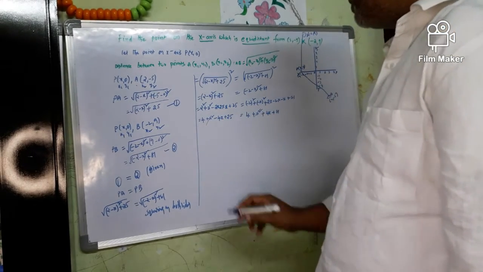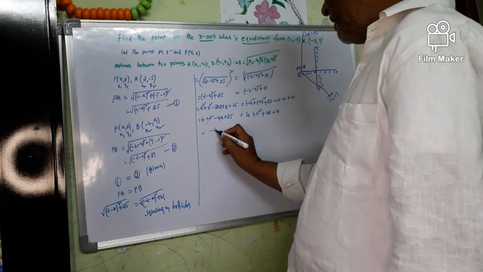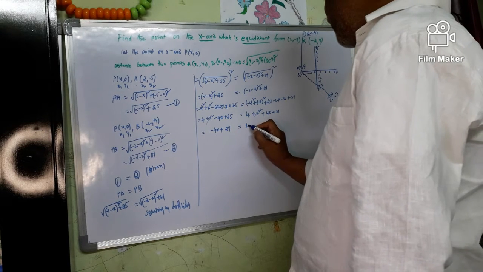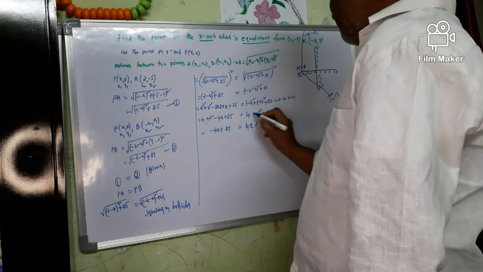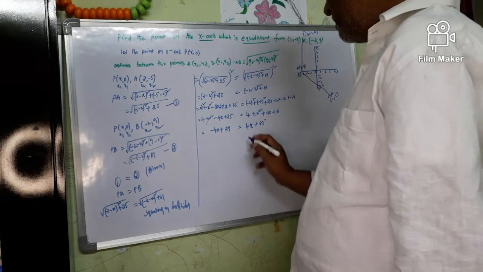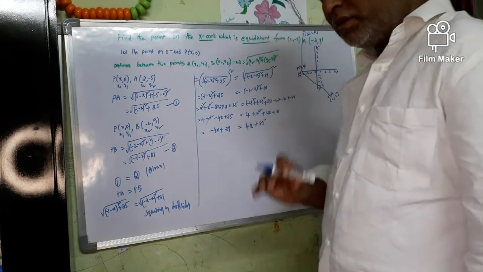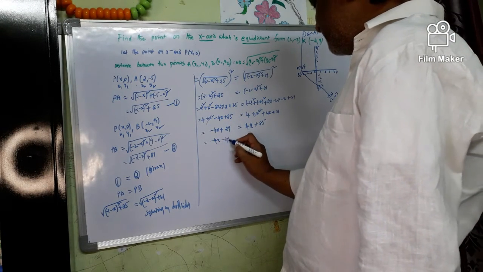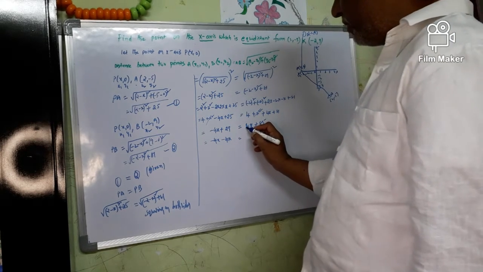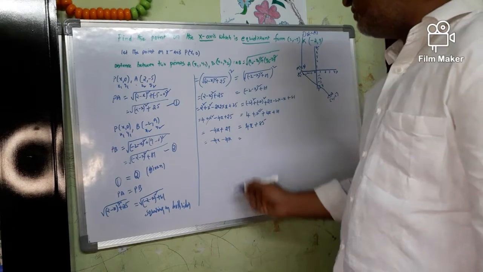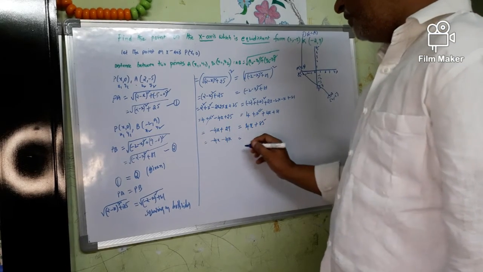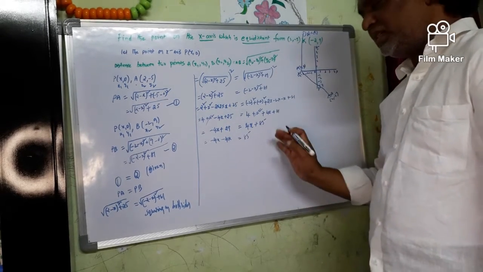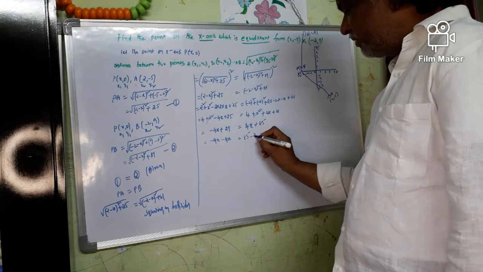Now write minus 4x plus 25 equals plus 4x plus 81. Separate variables and numericals. The plus 4x, transposed to the left side, becomes minus 4x; the plus 29, transposed to the right side, becomes minus 29.